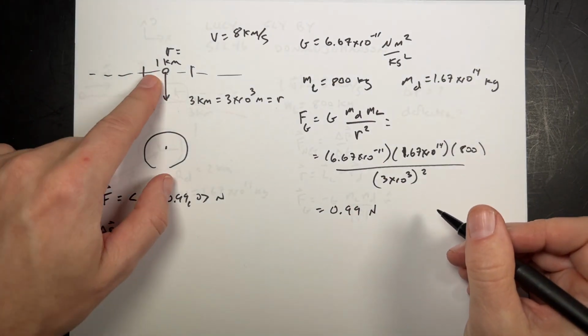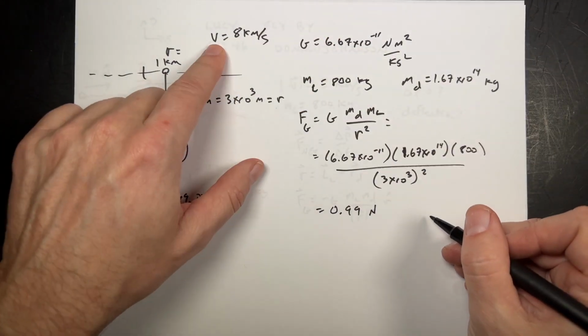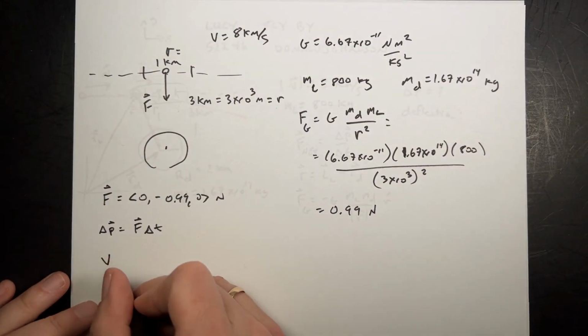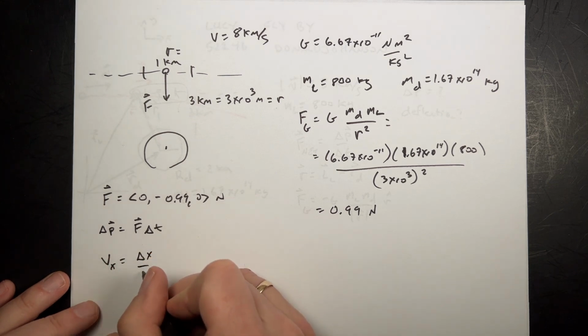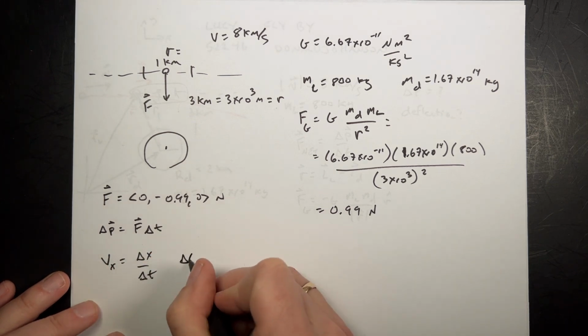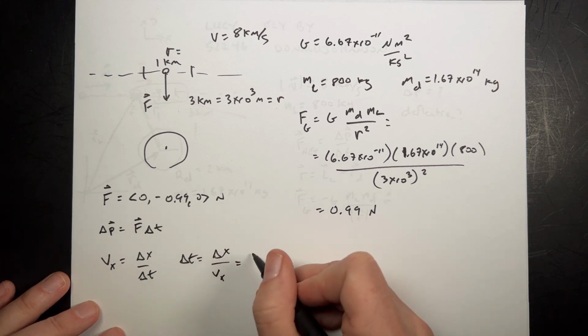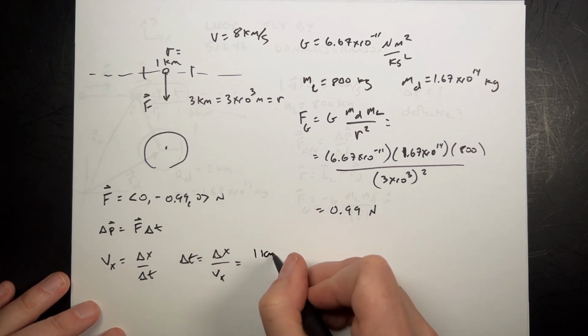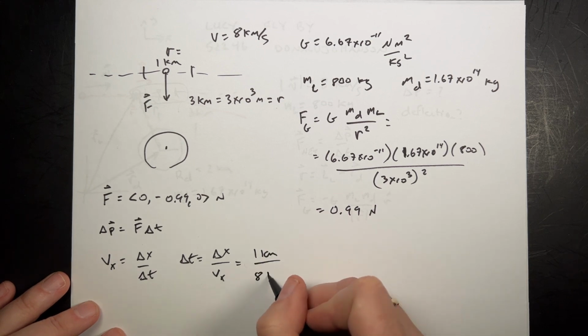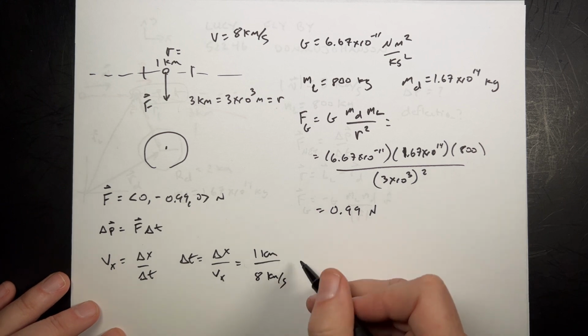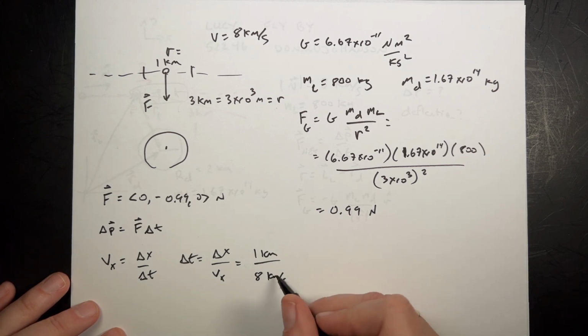Let's call that the x direction, and that's the velocity in the x direction, so I can say Vx is delta x over delta t. So delta t is delta x over Vx, or 1 kilometer over 8 kilometers per second. I don't even have to convert units, right? So I just get 1/8. So now I know my delta t.